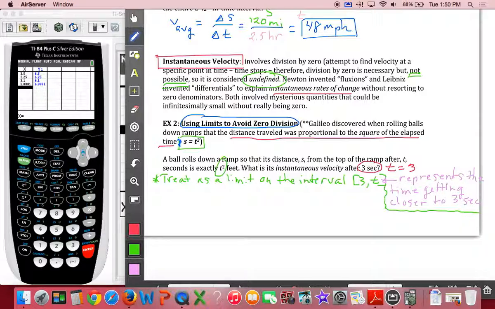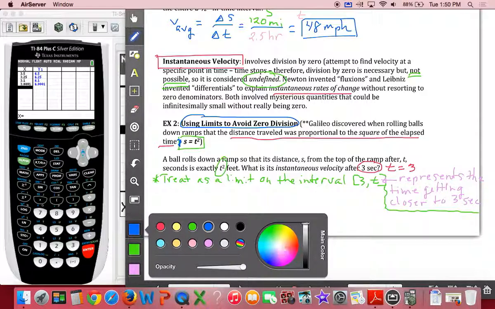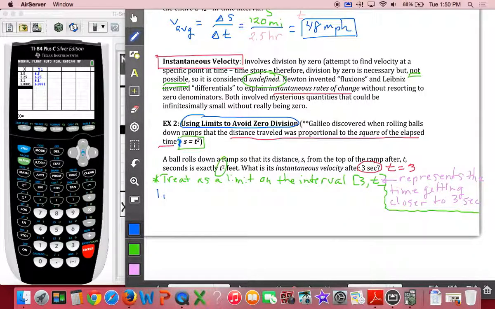So that's what that t represents, that time that we keep choosing that gets closer and closer and closer to the 3 seconds. And so we'll write it as a limit as t approaches 3, because that's the time that we want to approach.